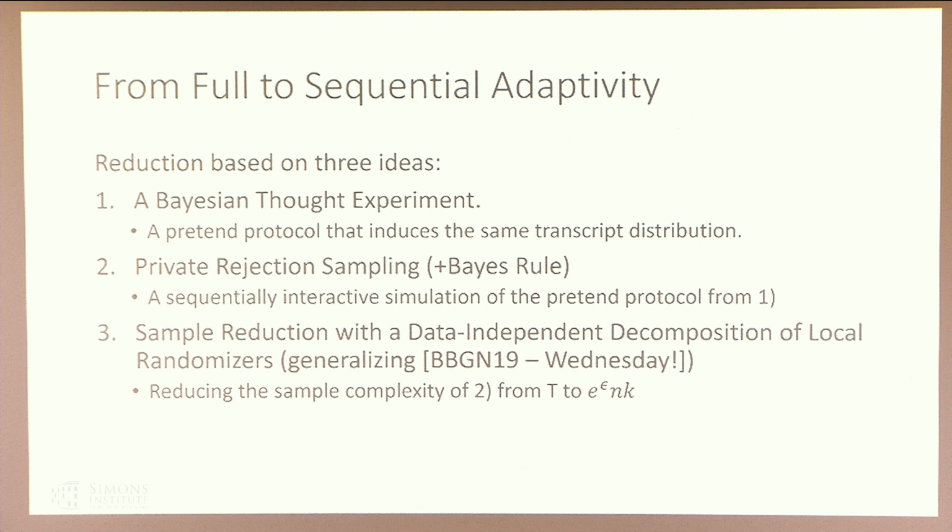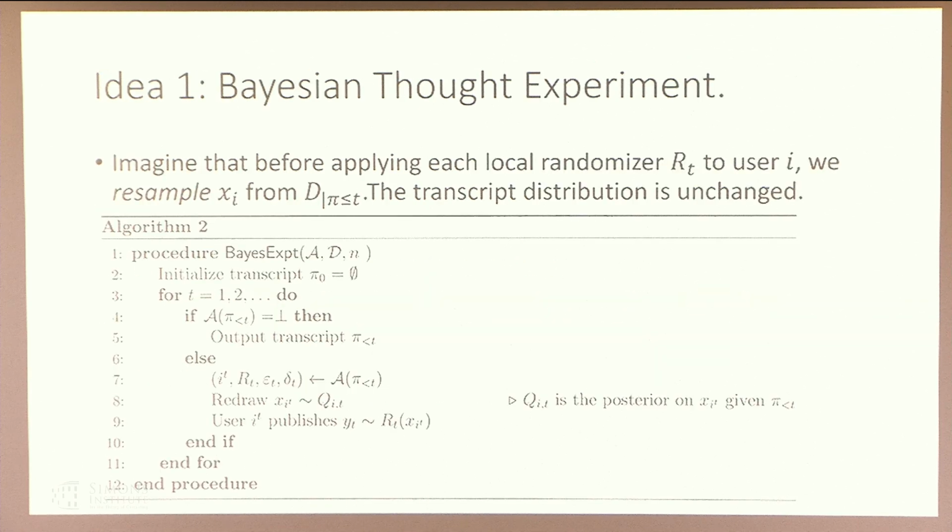So let's go through these one at a time. So here's the pretend mechanism. It's almost exactly the same as the regular mechanism with one change. Okay, so this is a Bayesian thought experiment. What's really going on, of course, when we run a locally private protocol is we sample the data, then the data's fixed. Once we start running the mechanism, I'm going to be asking people questions.